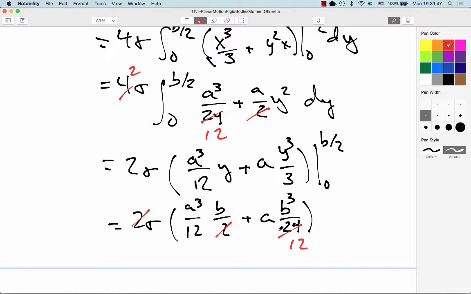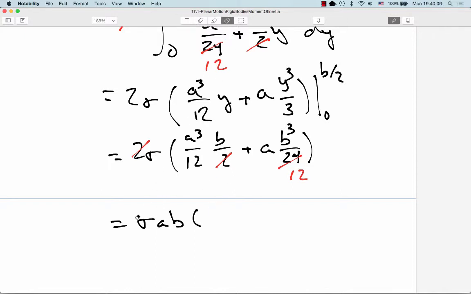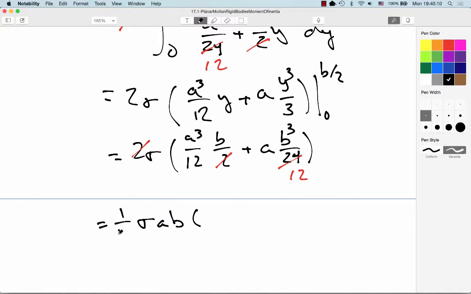Alrighty then. So this isn't looking as bad as you might think. There's a common factor of ab in everything, so I'll pull that out: sigma ab times, and there's also a common factor of 1/12 that I'll pull out. And I'm left with a squared plus b squared.